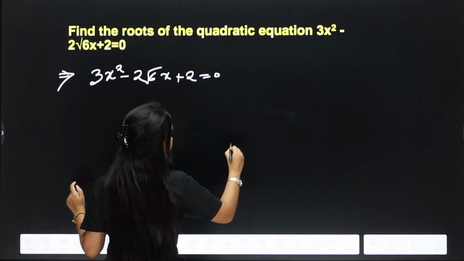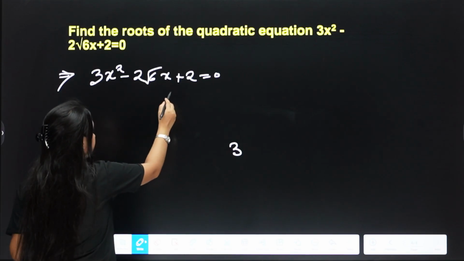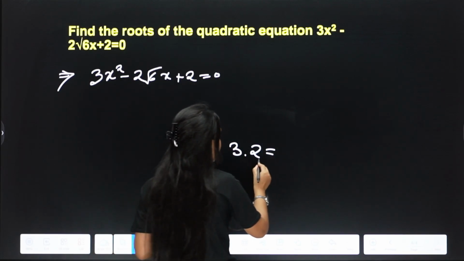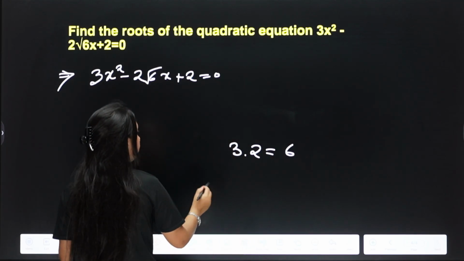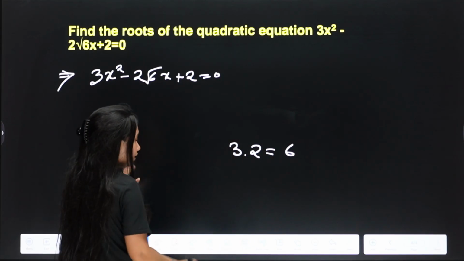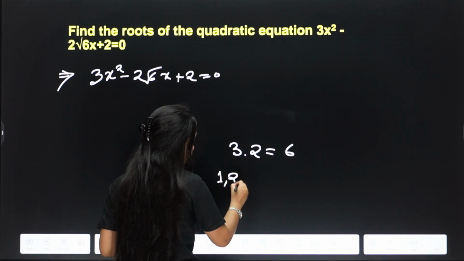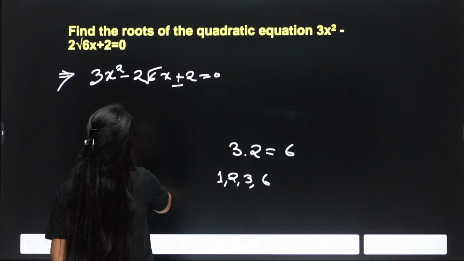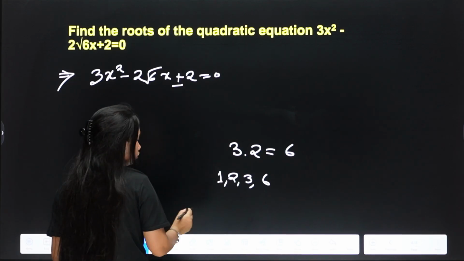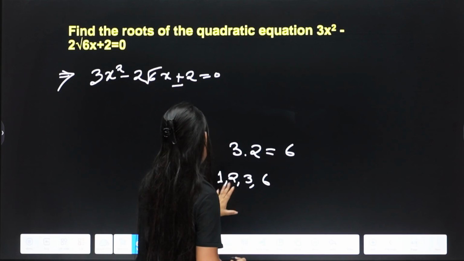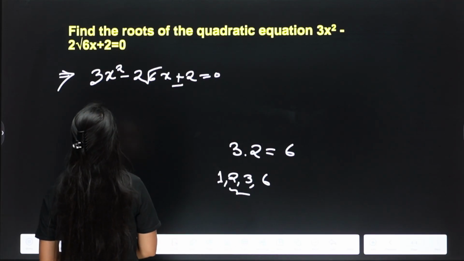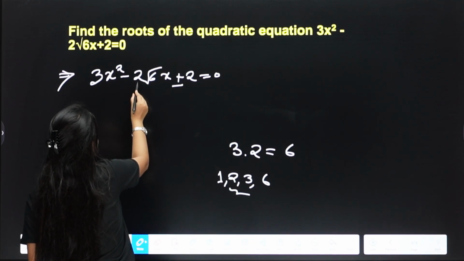The coefficient is 3 and the constant is 2. You multiply it, that is 3 into 2 is 6. We have already discussed the factors as 1, 2, 3 and 6. Here the sign is plus, so you write it as the summation of two numbers. Here it is 2 root 6.